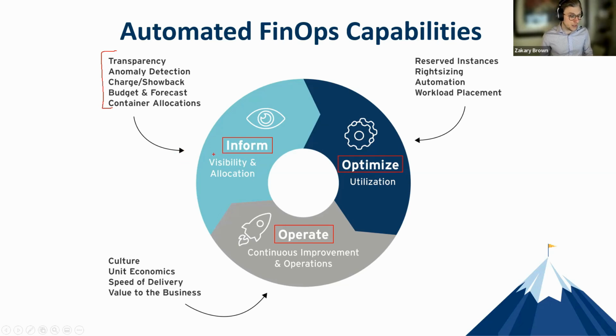On the inform phase, our goal will be to show transparency. The optimize phase, we'll take a look at helping you with reserve spend and right sizing. And then on that operate phase, we'll take a look at a couple of different continuous improvement type value streams we can look at. So that's what we'll be showing for FinOps.